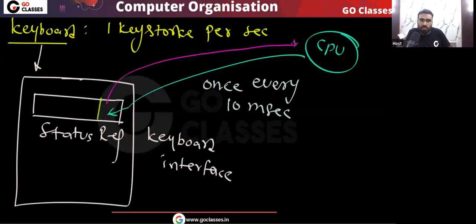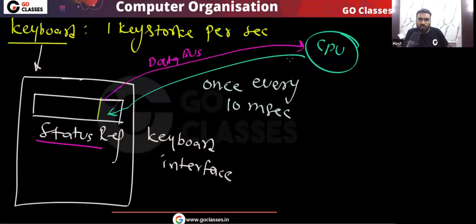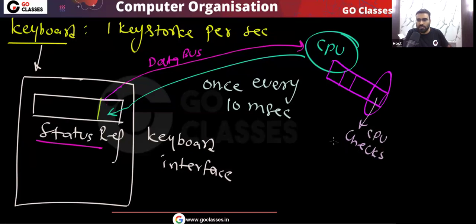This status register will go to the CPU via the data bus. Now the CPU will have the status register, and the CPU will check this bit. Is this clear?